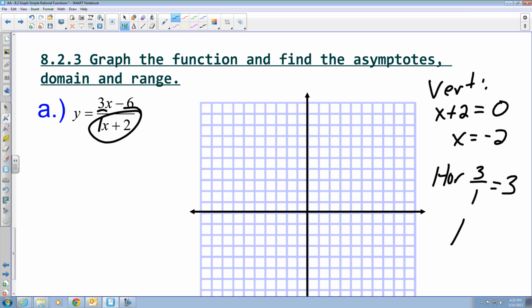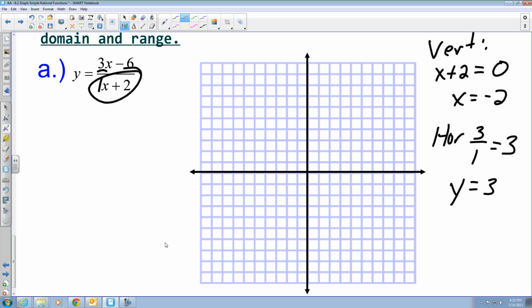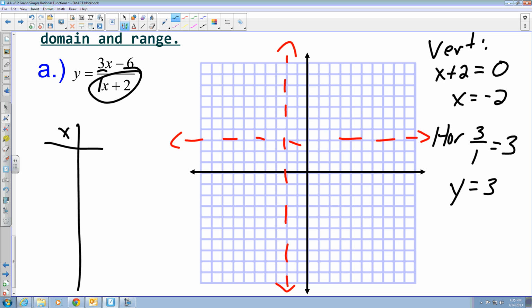So my horizontal asymptote is going to be y equals 3. So when I draw this out, I'm going to find x is -2, which is right here. And then y is 3, which is here. And then I can plot my points to get my graph.